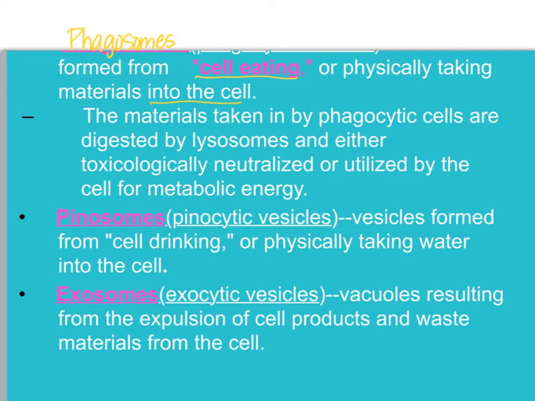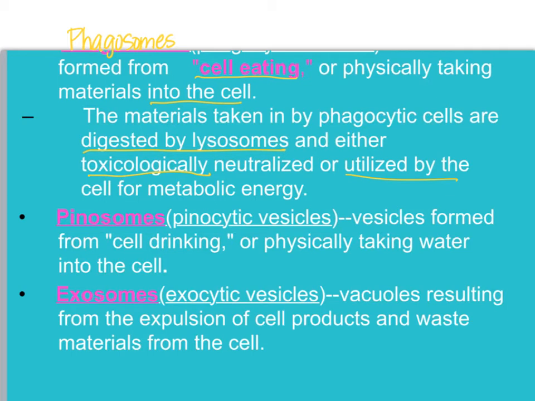Phagocytic cells take in a food particle, for example, and then it's going to be digested by the lysosome, or it could be detoxified by a peroxisome, or an endosome could look at it and sort out what will be needed for the metabolic energy in the cell.